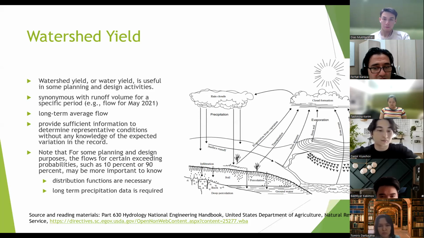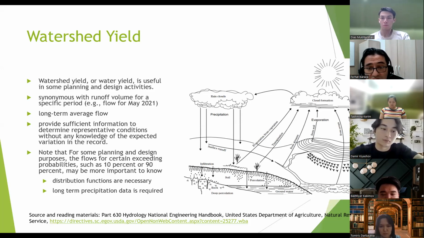So what you are going to learn today is how we can estimate the amount of water we can collect in a watershed. This is very important in civil engineering because this calculation is the main principle to make a design for dams and reservoirs.